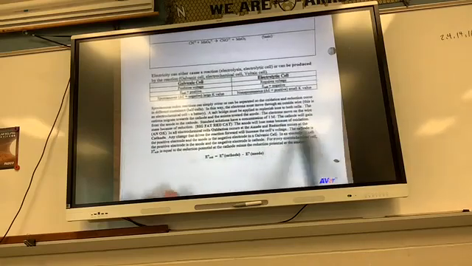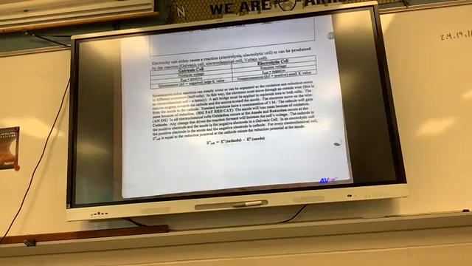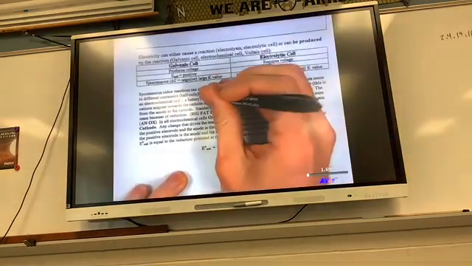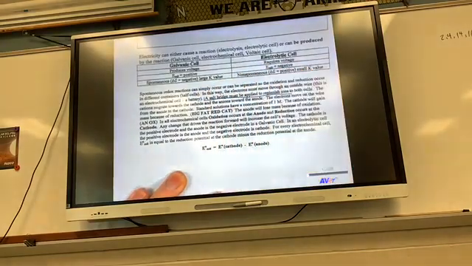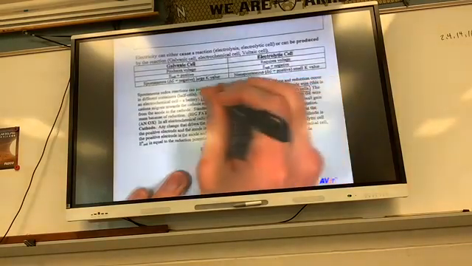Guess what I want to highlight in this paragraph? There's one thing I want to highlight. Not standard conditions, but that is important. A salt bridge must be applied to replenish ions to both sides of the cells.